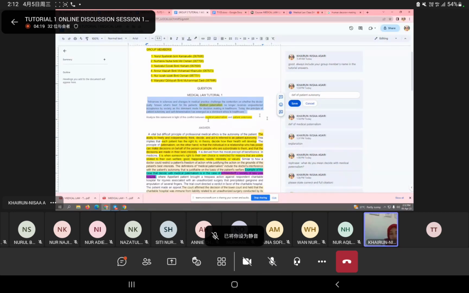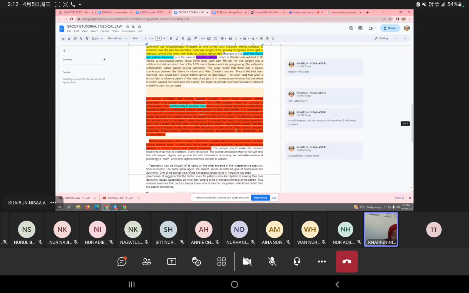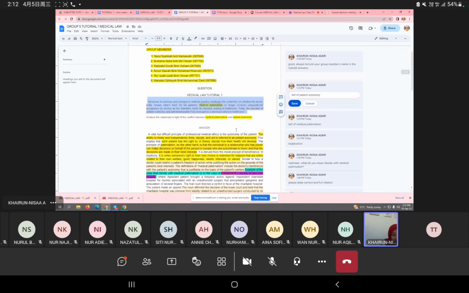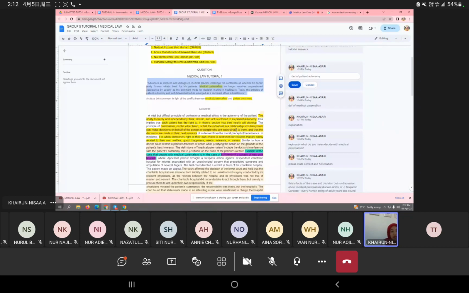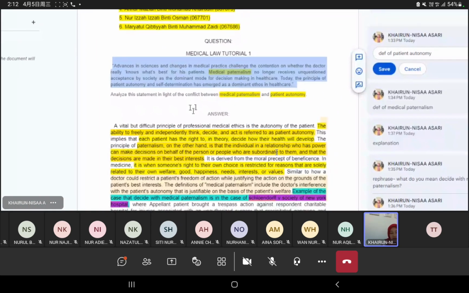Patient's autonomy. So in your answer, you have to relate your answer to this statement. Do you agree with this statement? Because from what I can see from most of the answers, you don't seem to relate any of your answer to the statement itself. You simply discuss medical paternalism and patient's autonomy.